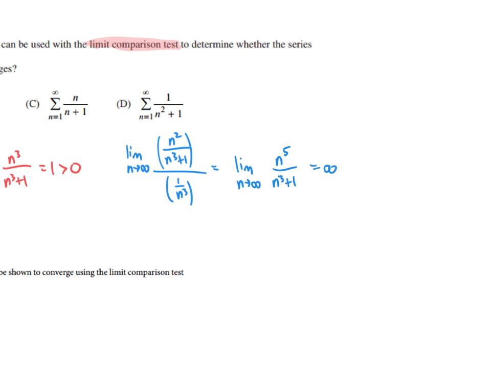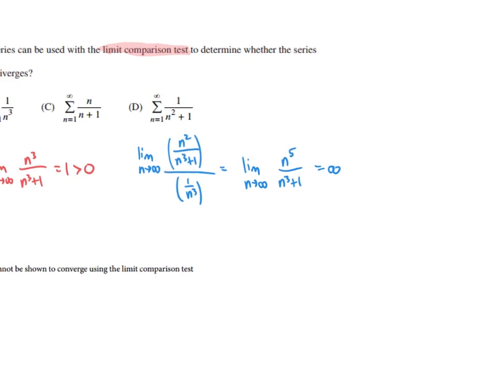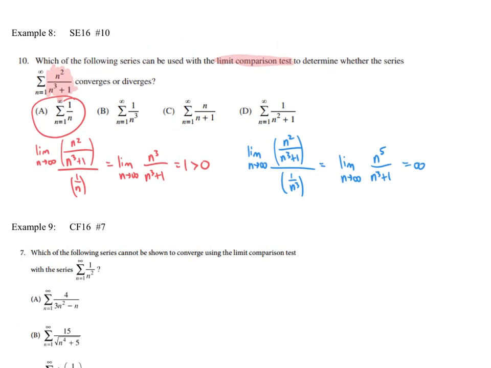So we don't get a finite value greater than 0, and so we're unable to compare it. You'll see similar issues with C and D. You'll either get this infinite limit or you'll get a limit of 0. And it needs to be a limit that is greater than 0 but finite. Okay? All right, let's look at example 9.